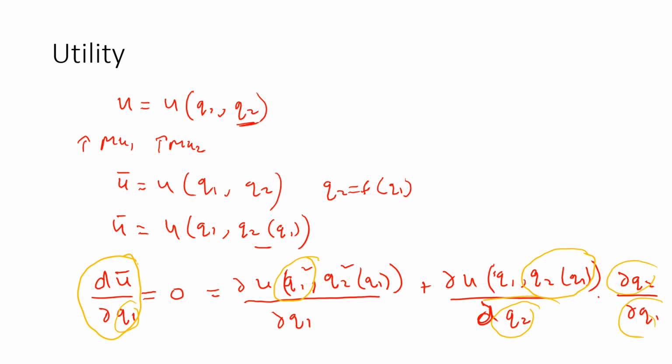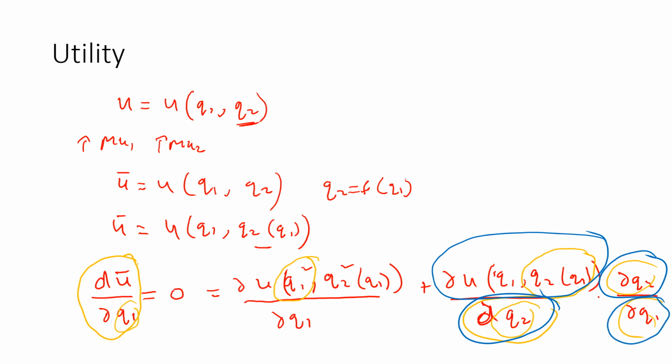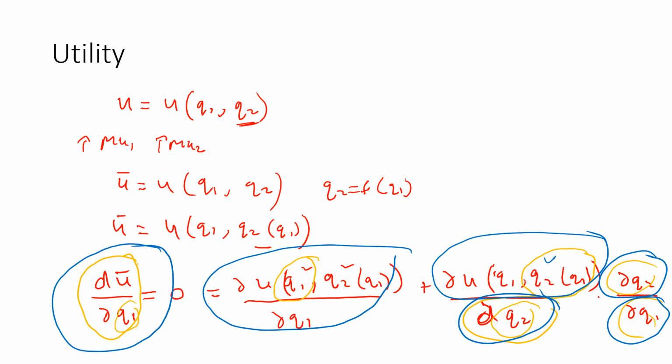So these effects cancel out each other, and summing up we get the total change, and that is equal to 0.